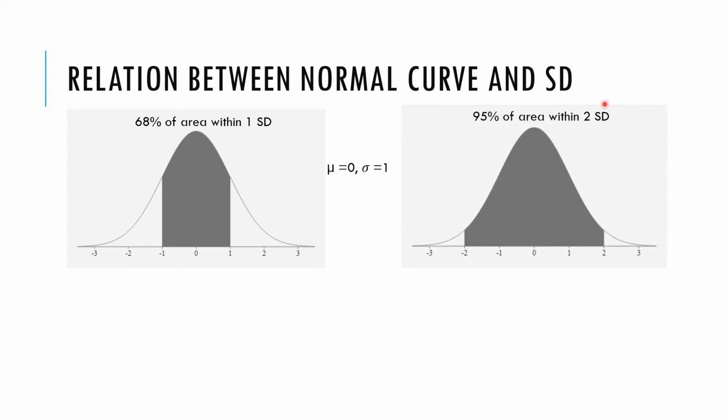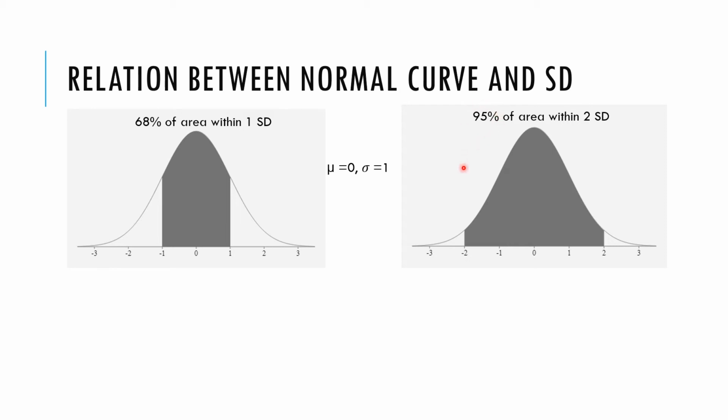Now this is when we cover the area within two standard deviations on both sides, left and right. This is minus 2 SD and this is plus 2 SD from the mean. Whatever area we cover under this curve gives the probability of finding the value. And what is that probability? 95%.